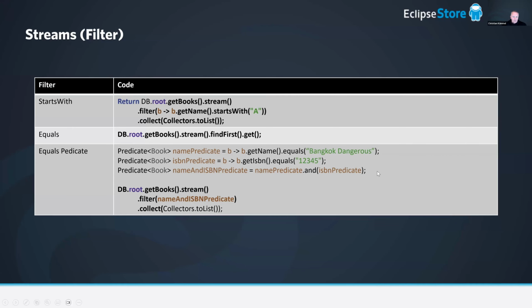In my opinion, that makes code much more readable than using those long streams at once, and this is quite well structured. So we have the collection itself, we call the stream keyword, then the filter comes, and after that we make the decisions what we want to have back via the collect statement.